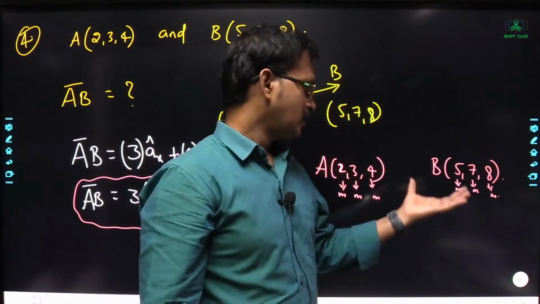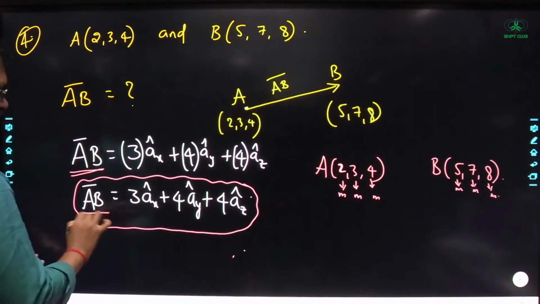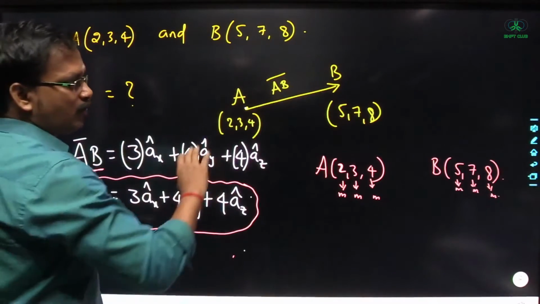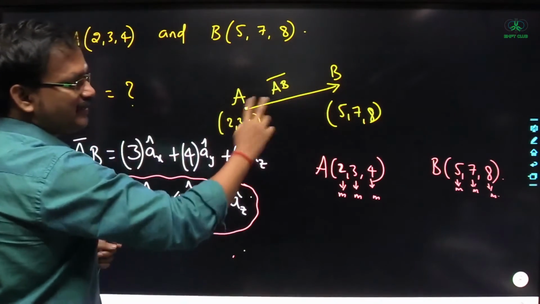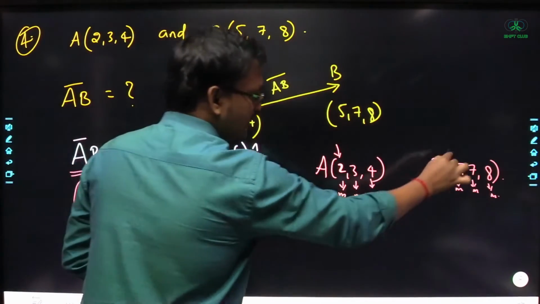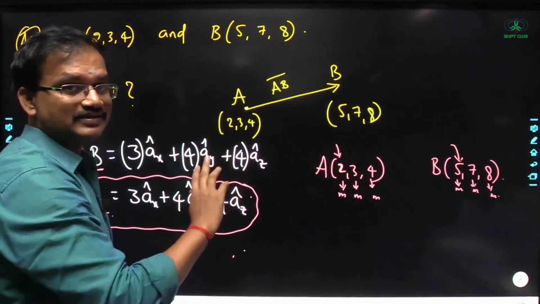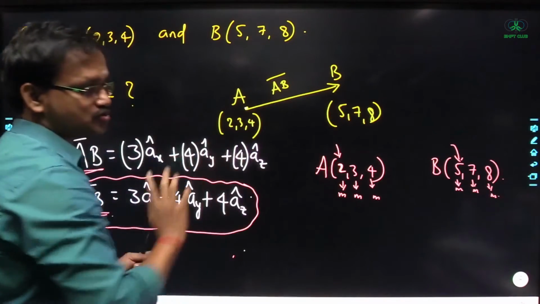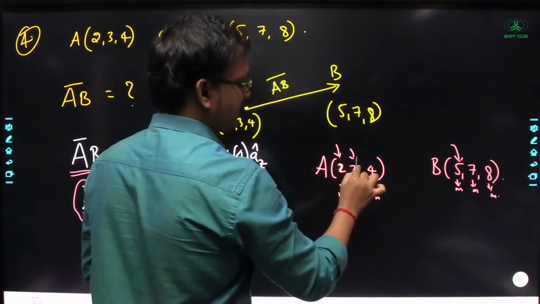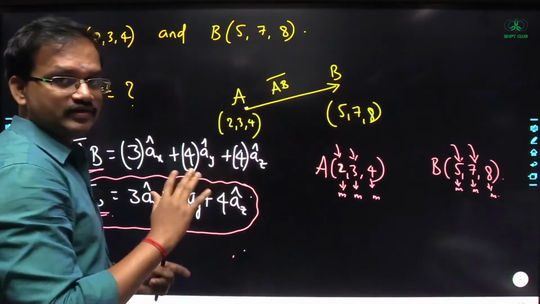That's why we have happily represented this AB bar. As you move from A to B, we have determined the increment in x. Here the x coordinate and here the x coordinate both have the same units, so we determined the increment in x as 5 minus 2. Similarly we determined the increment in y and z, which also have the same units.